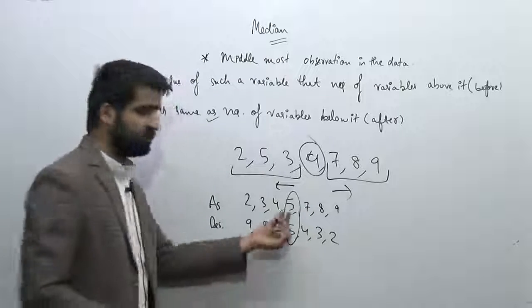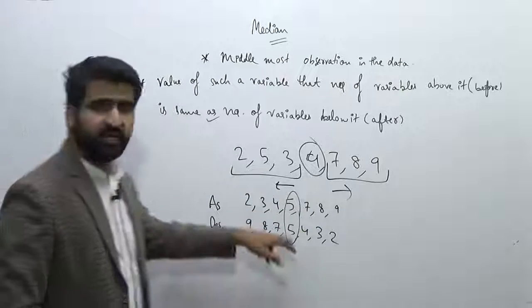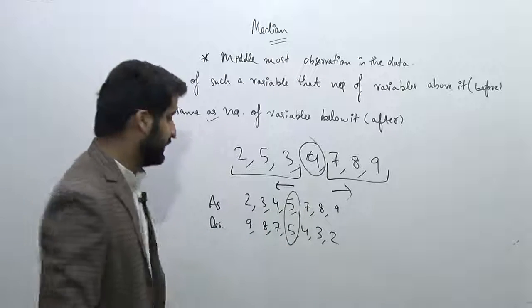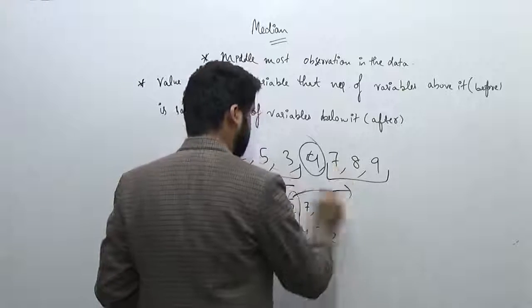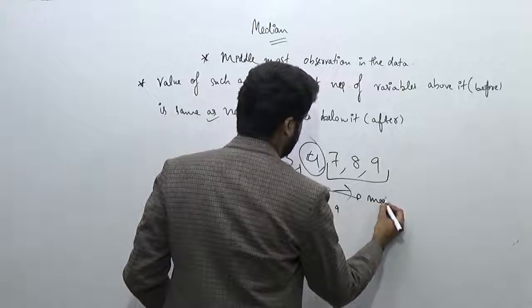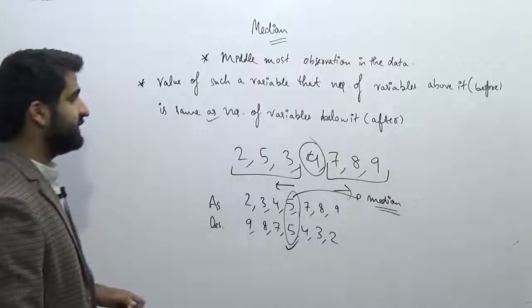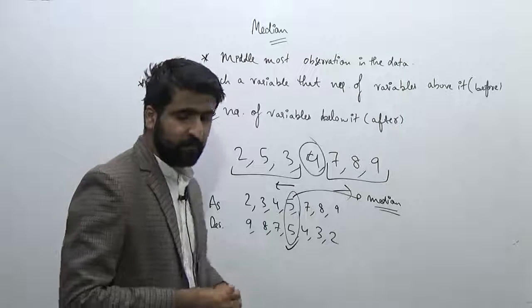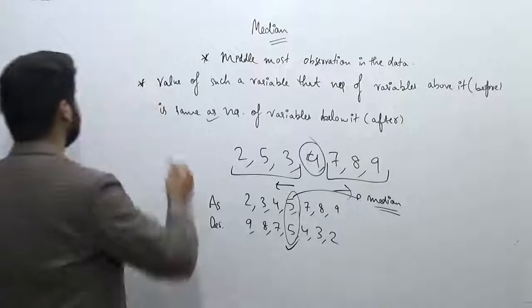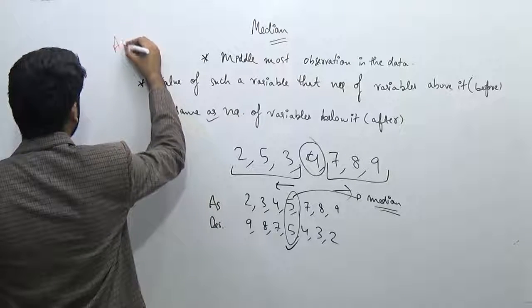Now you can see that in both cases the middlemost term is 5 only. Therefore, the median in this case is equal to 5. Therefore, the median is calculated after arranging all the terms in ascending or descending order.